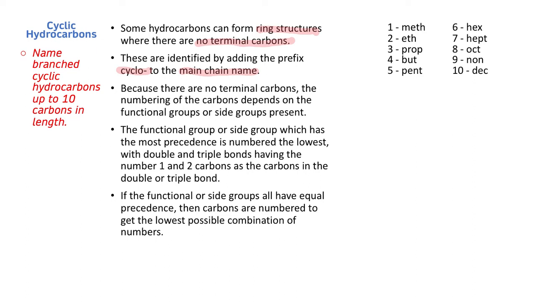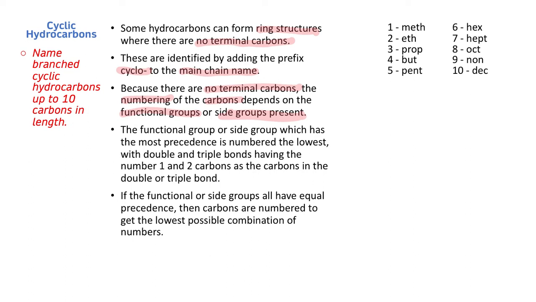Because there are no terminal carbons, the numbering of the carbons depends on the presence of functional groups or side groups. In a straight chain, we would normally just go from left to right or right to left, but because it's a circle there is no right or left, so we have to start numbering depending on those functional groups and side groups.